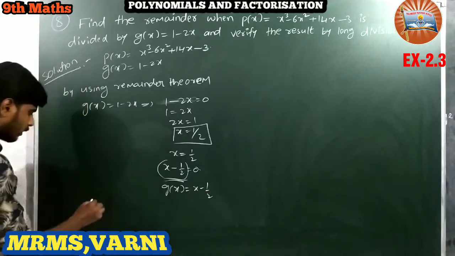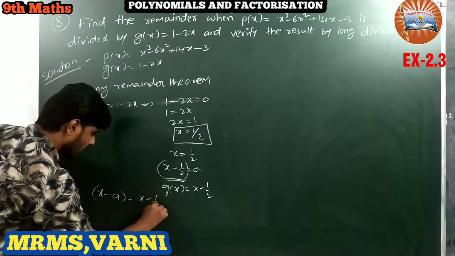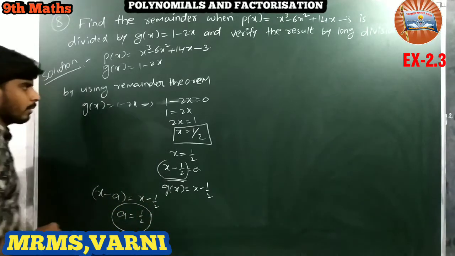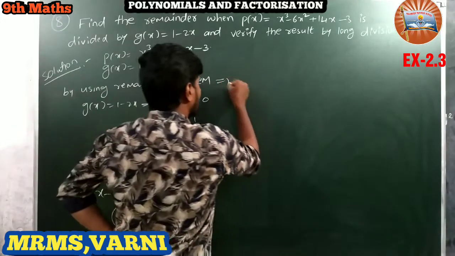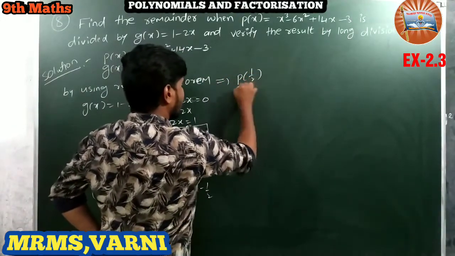So compare with x minus a. What is the a value? 1 by 2. Now what is the remainder? So the remainder is p of 1 by 2.